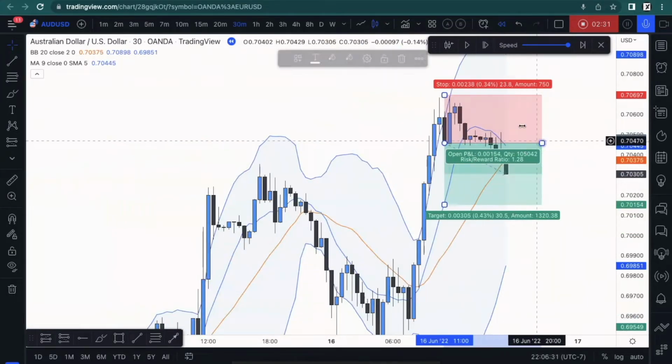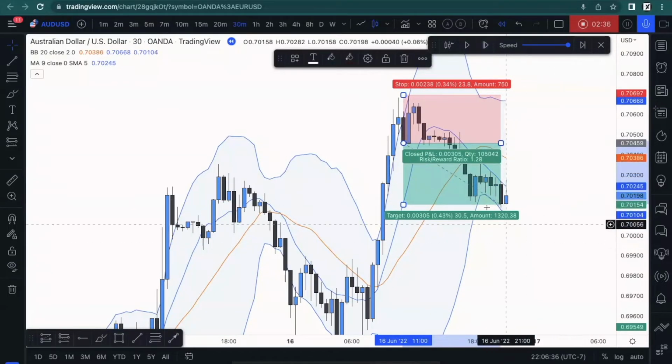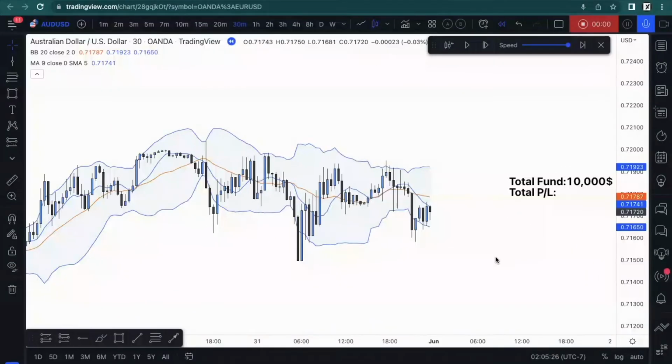Nearly hit our stop loss there, and just like that we smash another take profit. So this is the strategy, very simple, but now we will put it to the test. We'll backtest this strategy and see the result for ourselves.